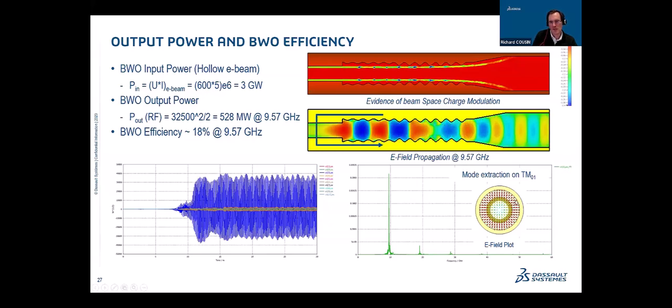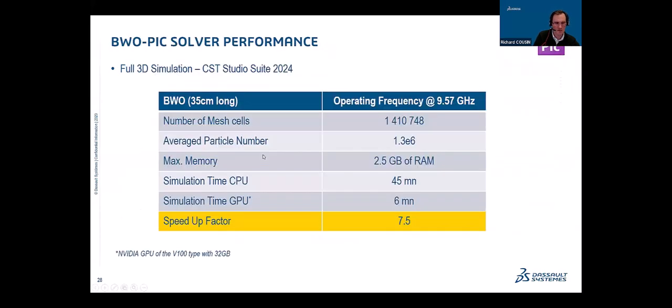You have here the TM01 mode of extraction, and here you see the output signals that we can also compute, and then we can calculate the backward wave oscillation efficiency, which is here 18% at 9.57 gigahertz. In terms of performance, this is also very nice. You can see that we have roughly 1 million particles, and with the GPU compared to the CPU, we can still have a speed factor of 7.5 for the whole simulation.